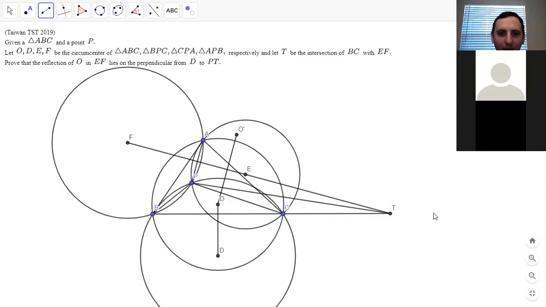PAOO prime is an isosceles trapezoid. Interesting. Because yeah, A and P are reflections. So yeah, PO is AO prime. Maybe that helps us find congruent triangles somehow. I don't know.